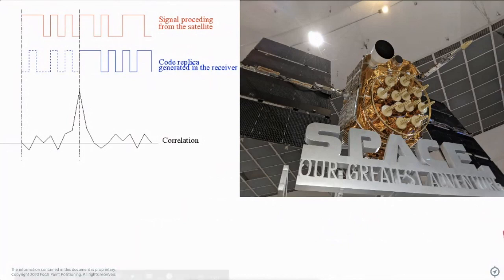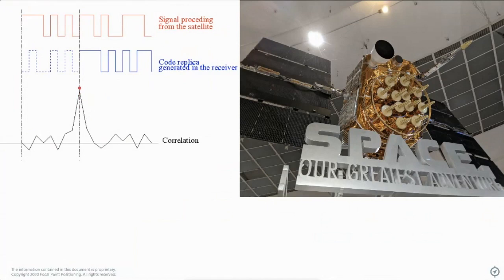It tries to line up in frequency and time its local copy of the code word with the copy that is hopefully buried in the radio data that you're picking up from space. And the correlation process will give you this spike in power when you have actually detected the signal from space. And this is what we call a correlation peak.